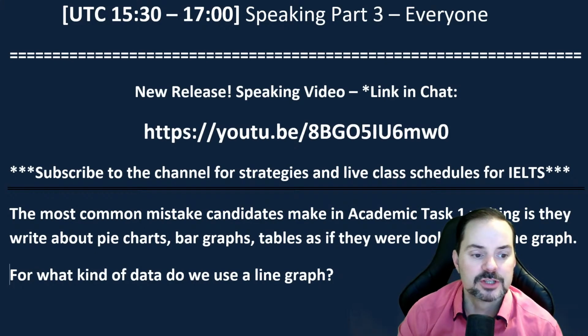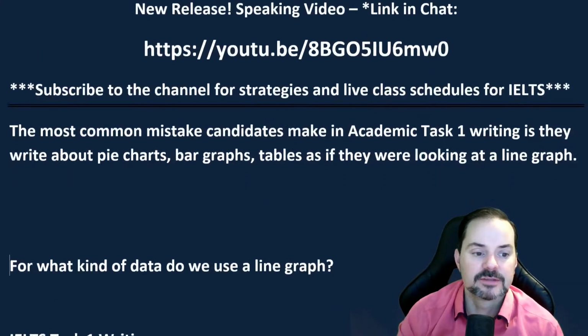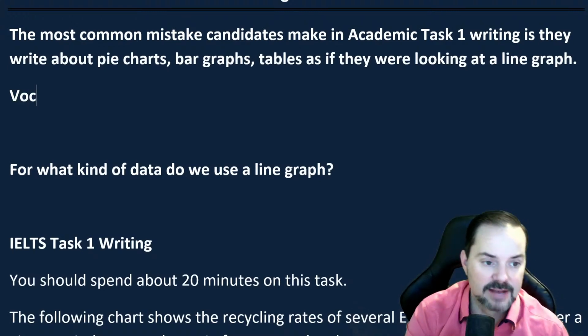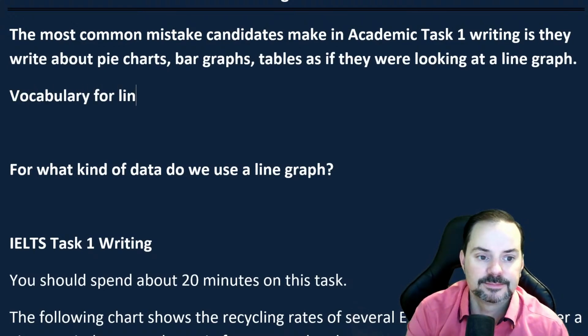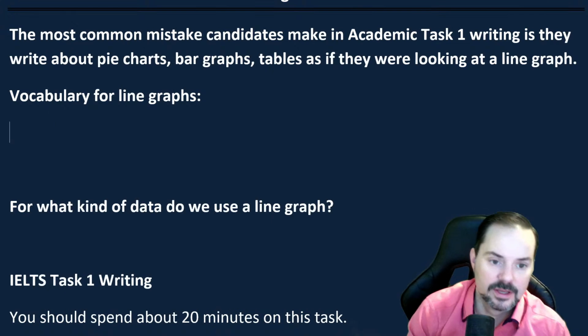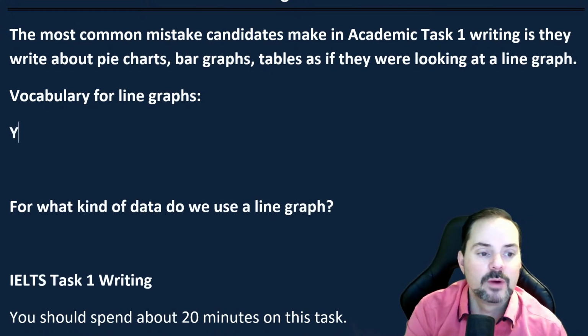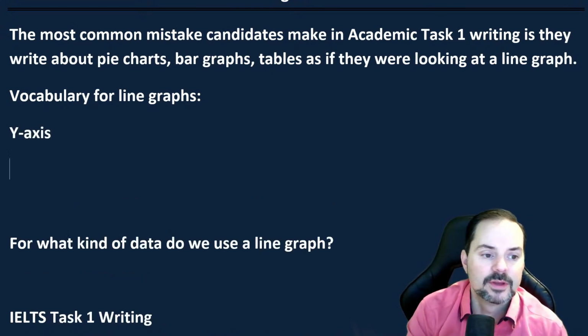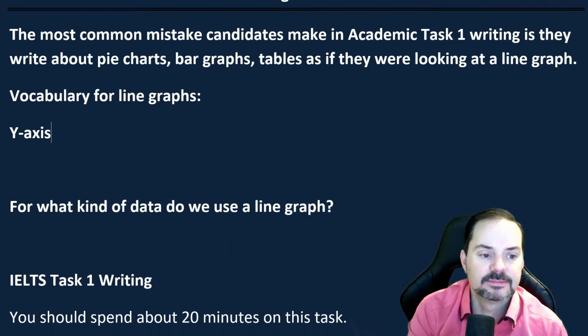So let me just make a vocabulary list for you that's important for line graphs. Okay, so far we've had y-axis, we've had x-axis, let's just make it as a list. X-axis, we don't need those as big. They're common nouns.